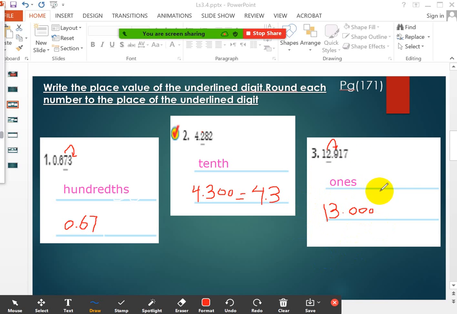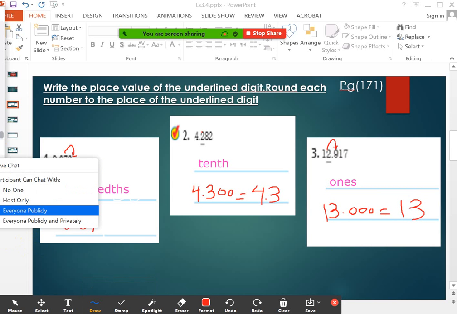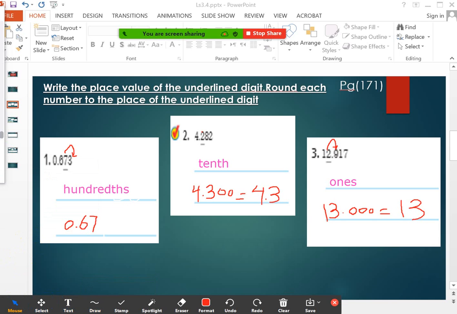So the number will become what? 13. And there are no numbers after the point. After the point I have zeros, so I can erase those numbers. Thank you so much, Shahid. Girls, if you finish those exercises, please type 1 on the chat to continue.